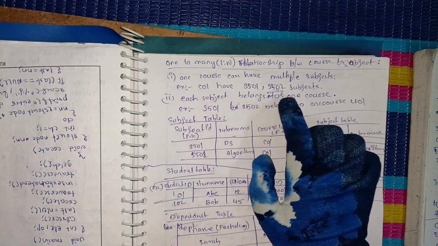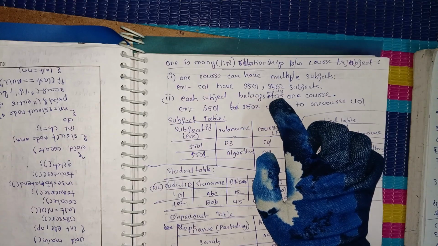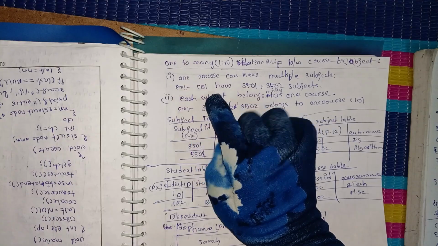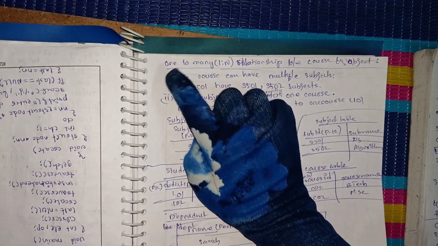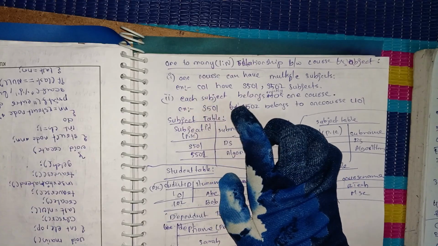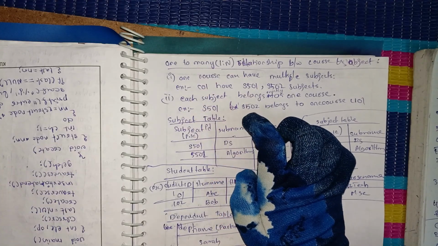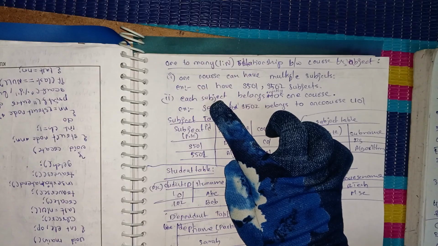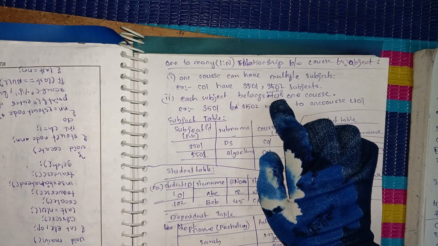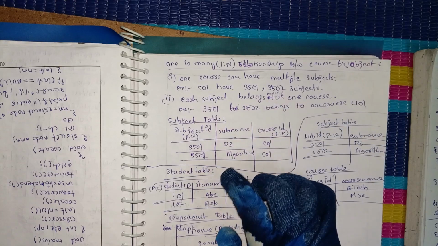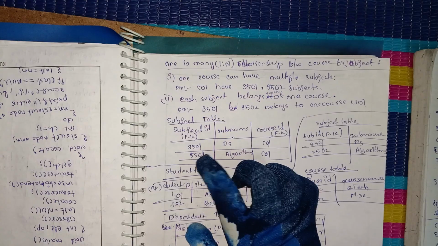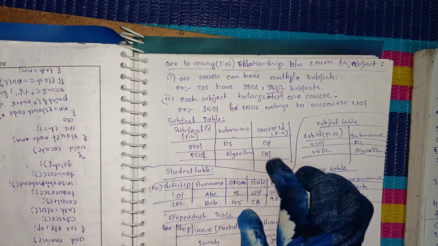And each subject belongs to exactly one course; this is the statement from right to left. In a set of subjects, each subject belongs to exactly one course. For example, S101 and S102 belong to one course, that is C01.